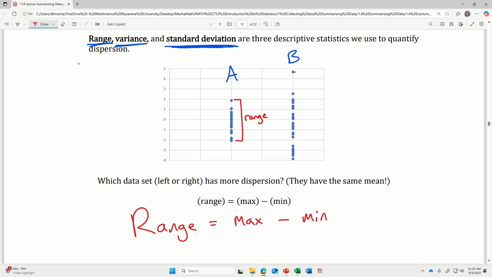And I can tell B is going to have a larger range, because it's more spread out. So a bigger range means, in general, it's a more dispersed data set. Okay?